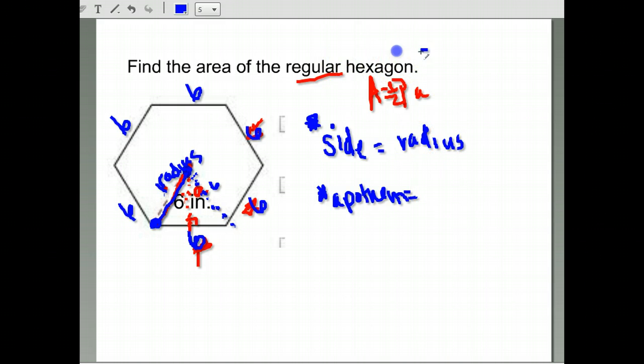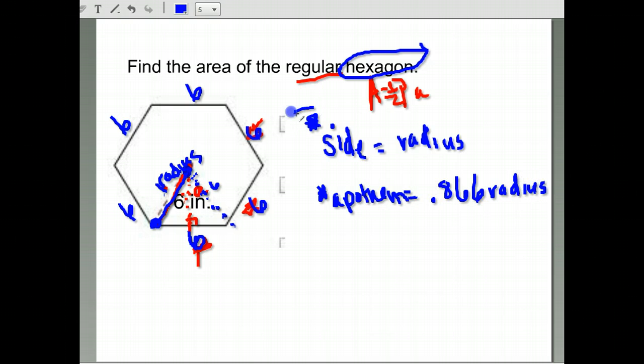But with a regular hexagon, the apothem is going to be equal to the radius times 0.866. Excuse me, 0.866, I said that wrong. About. This is kind of an estimate, okay?